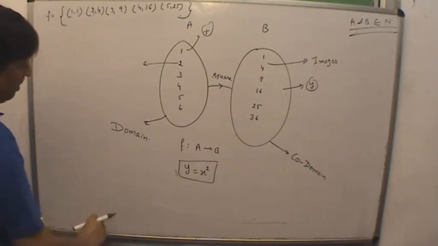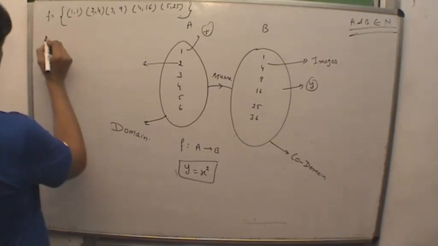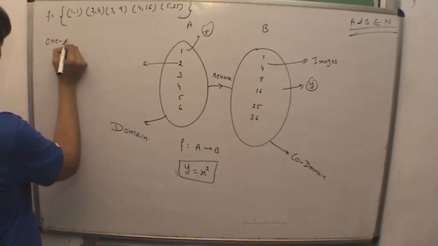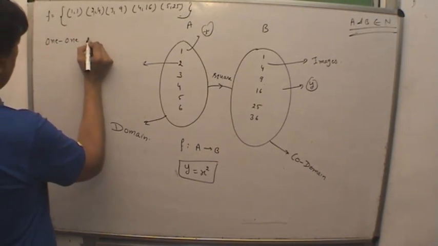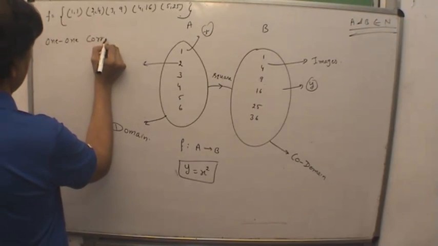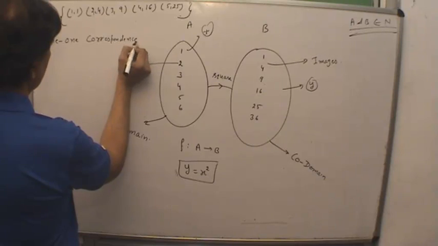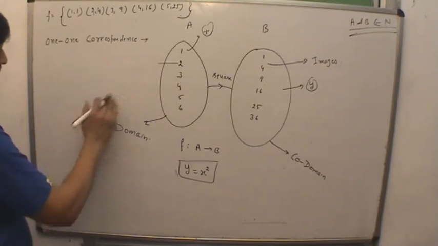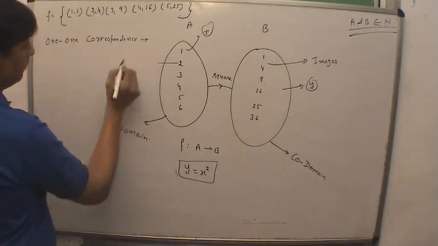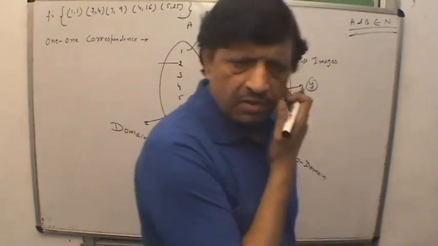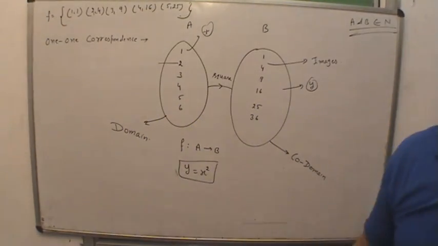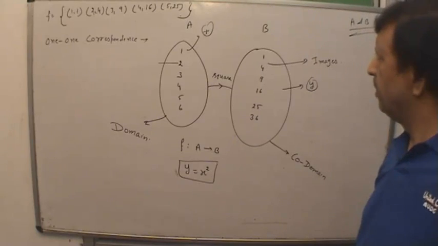First of all, we say 1-1 mapping, or 1-1 correspondence. 1-1 correspondence means simply it must be a function.